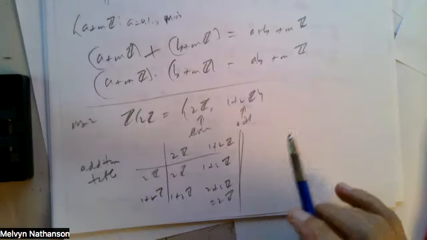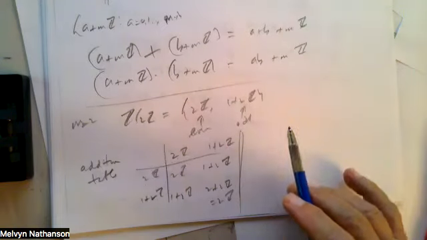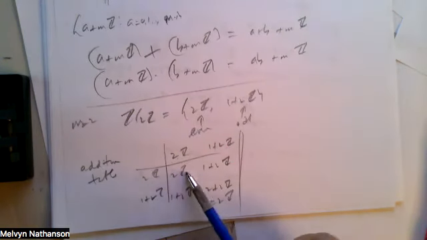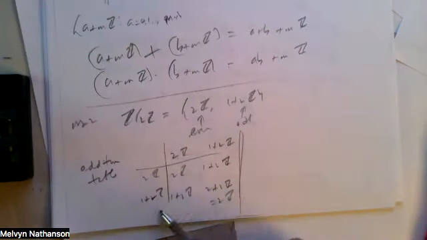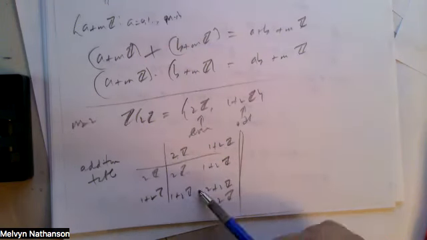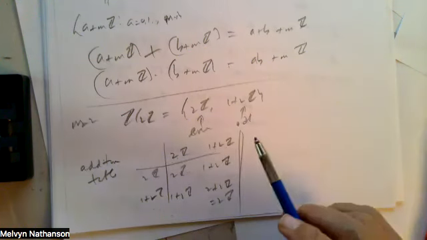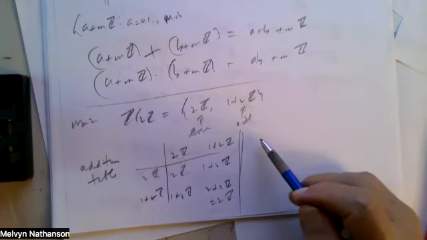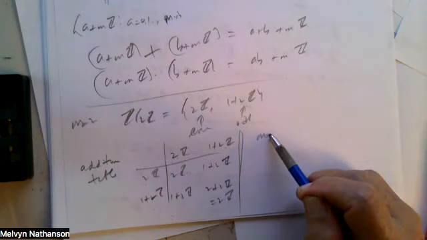And this is just a way of writing what they teach you in elementary school. The sum of two even numbers is even. The sum of two odd numbers is even. But an even plus an odd number is odd. And what about the multiplication table?